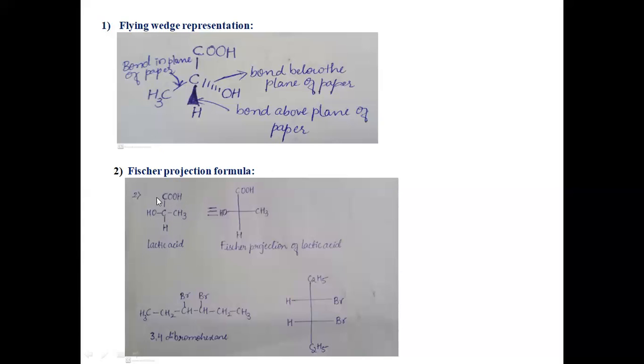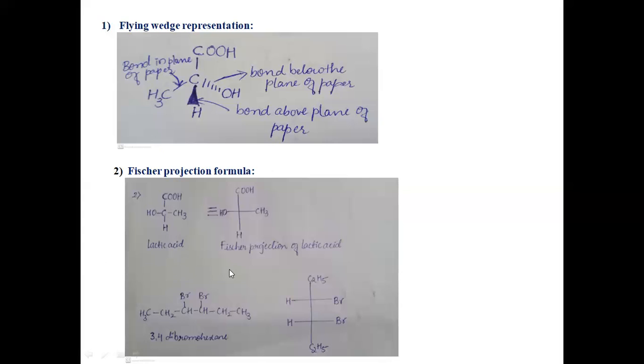It is bonded to four different groups, that is CH3, COOH, OH, H. How we can represent three-dimensional chiral molecules in two-dimensional formulas, that we will see using the Fischer projection formula. So in lactic acid we have a chiral carbon atom.